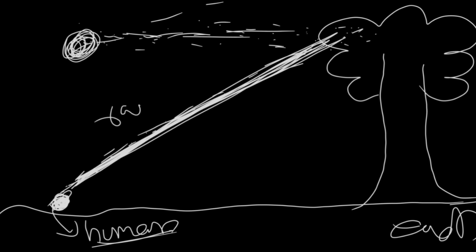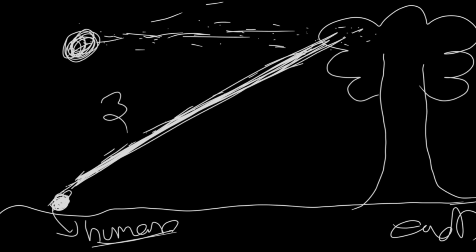I'll call this reflected ray just the ray, and I'll represent the length of this ray as z. It is a variable. It can be 1000 centimeters, 100 meters, anything.